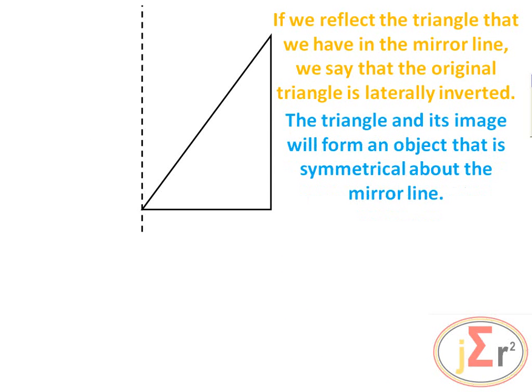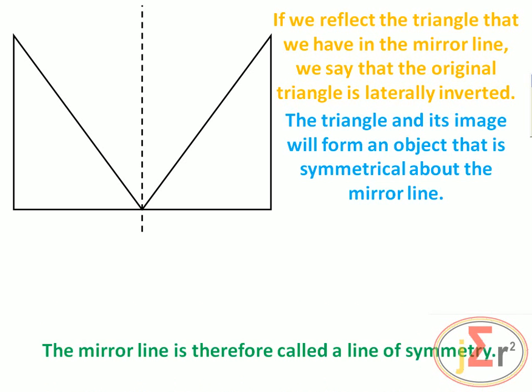The triangle and its image will form an object that is symmetrical about the mirror line. So as long as we reflected the triangle in the mirror line, the entire object that is formed by the triangle and its image is symmetrical about the mirror line, and the mirror line therefore acts as a line of symmetry.